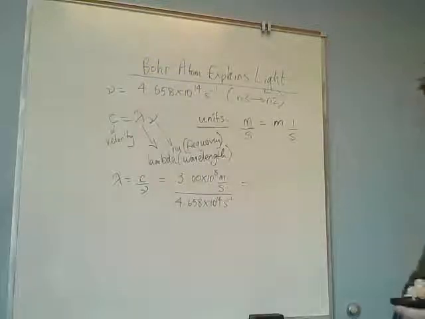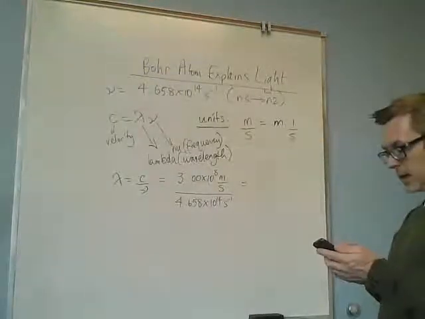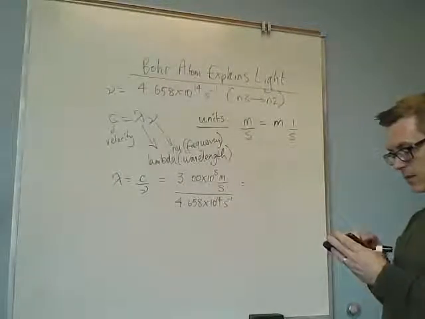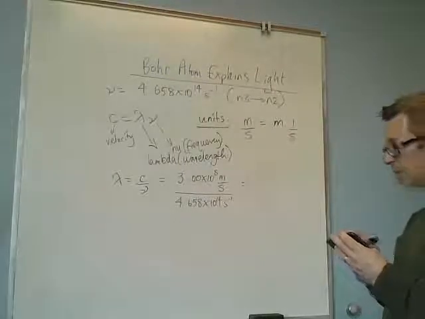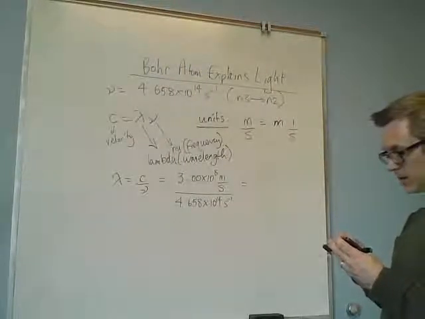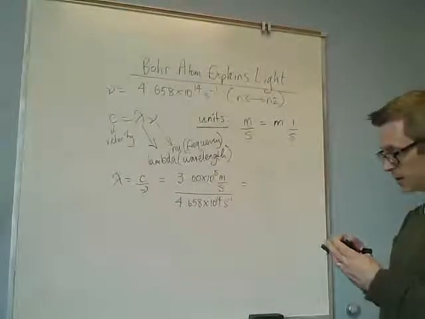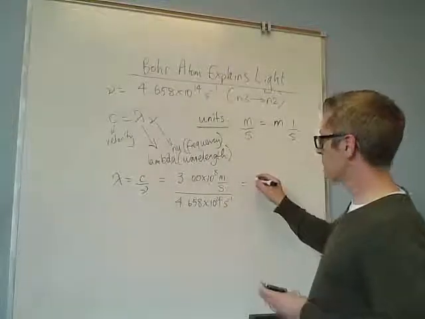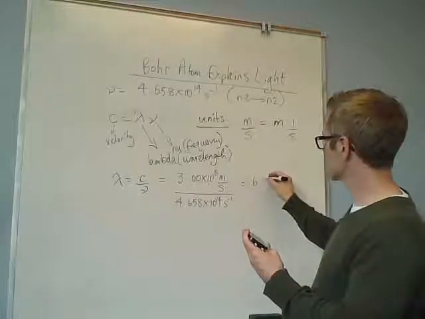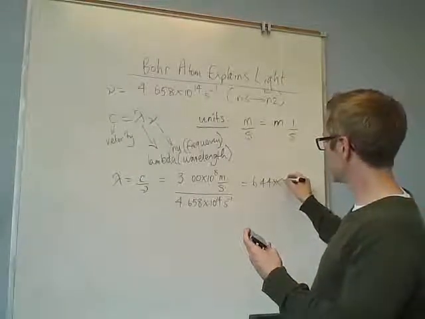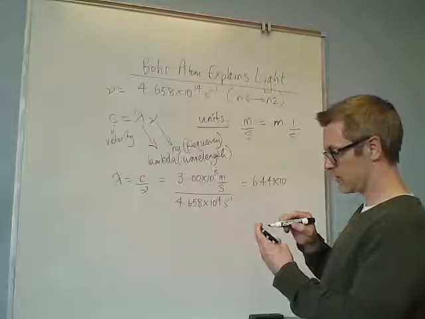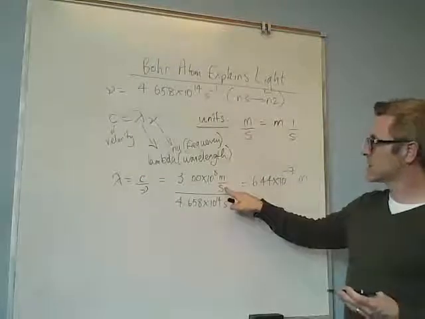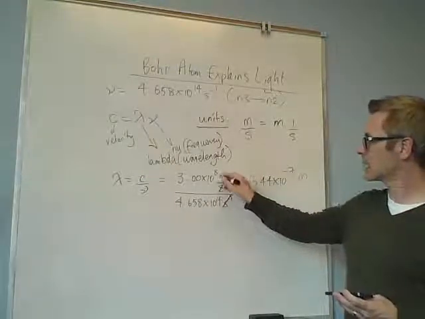So we have 3 exponent to the 8 divided by 4.658 exponent to the 14. Now we get a very small number, 6.44 by 10 to the -7 meter. Reciprocal second cancels reciprocal second, and we're left with units of meter.